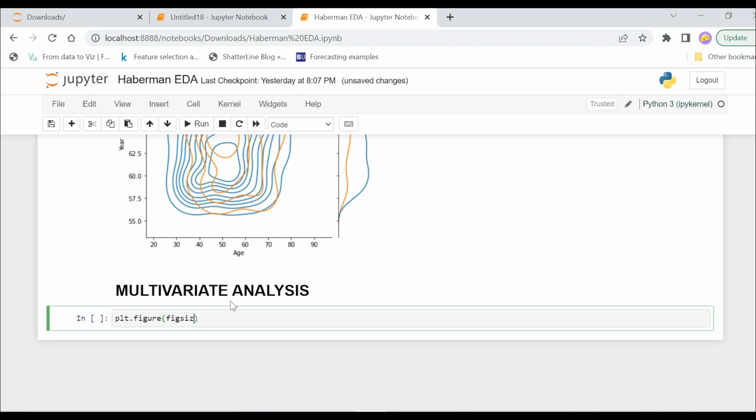So first I'm trying to make a heat map here with a figure size. Whatever figure size I was keeping, I will just be using that. But let's say I'll just put 7 and 7.